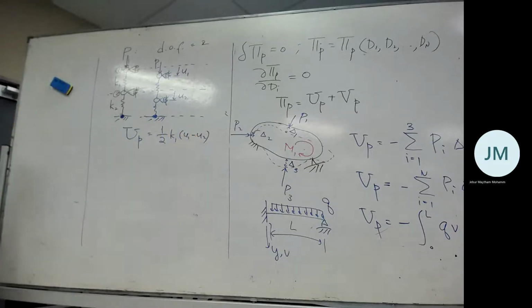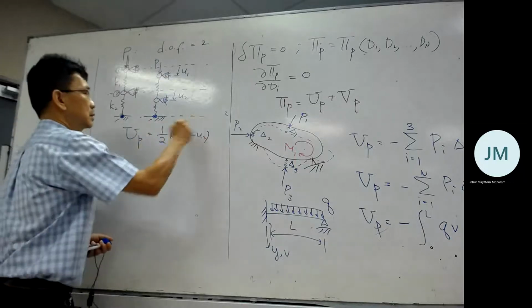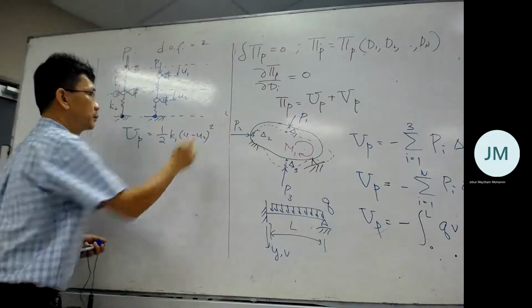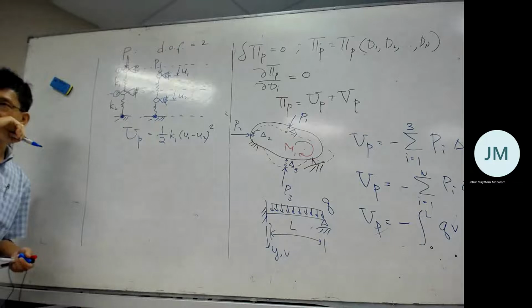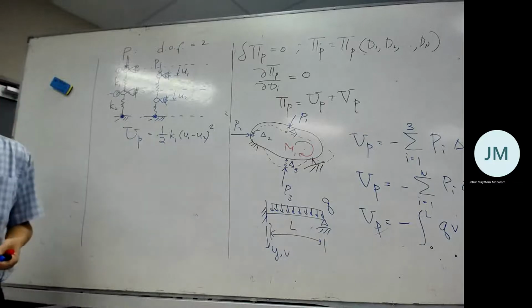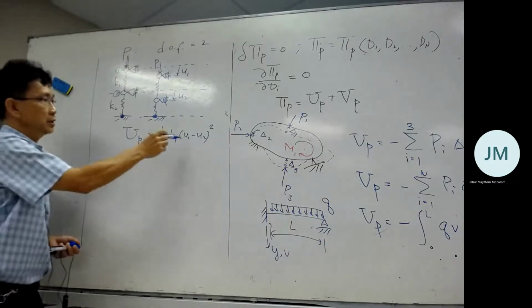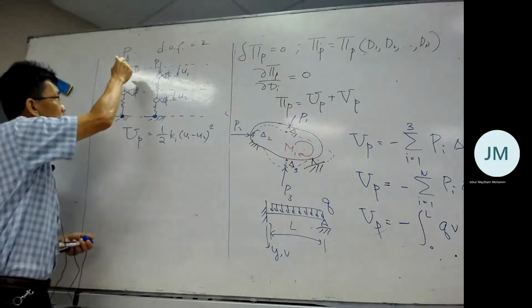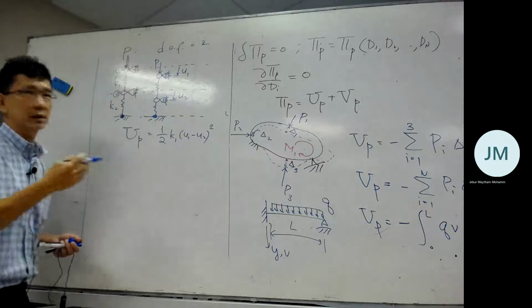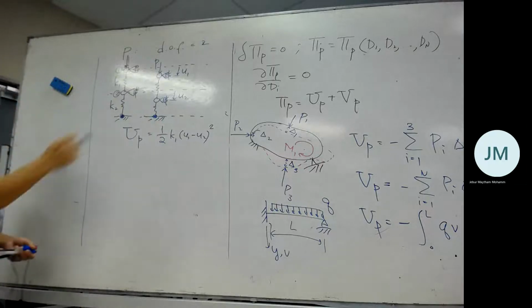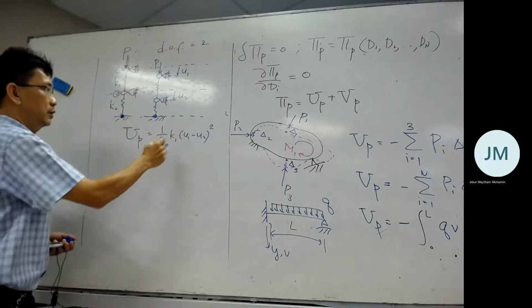What we want is the change in length. This is the definition for a spring: the strain energy is half multiplied by the spring constant multiplied by the square of the change in length. So the change in length becomes U1 minus U2, and we square it. This is for the first spring.